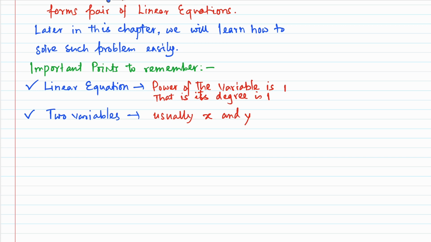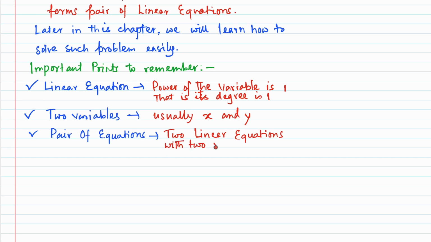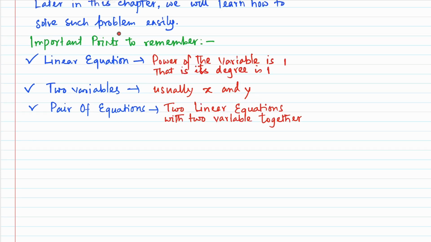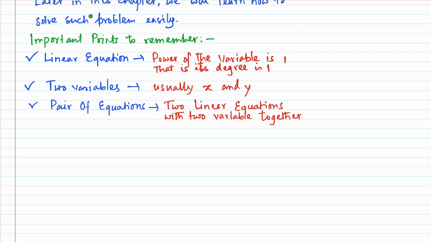When they are there in that equation, we call it a two-variable linear equation. And when two linear equations with two variables exist together, they are called a pair of equations.